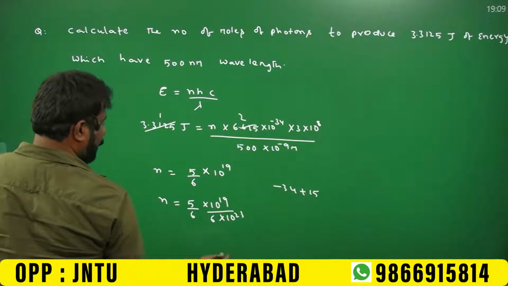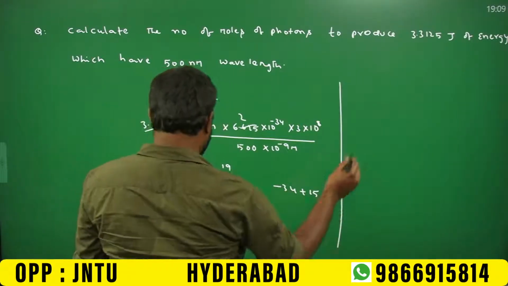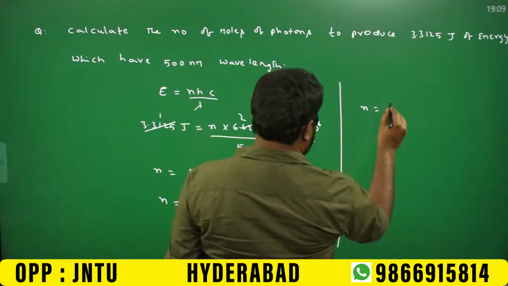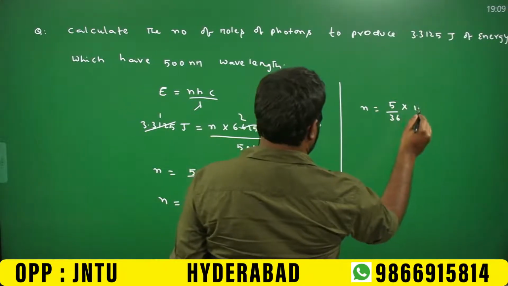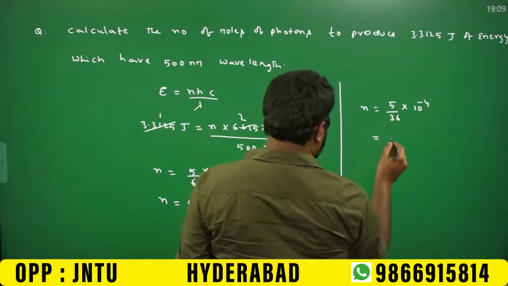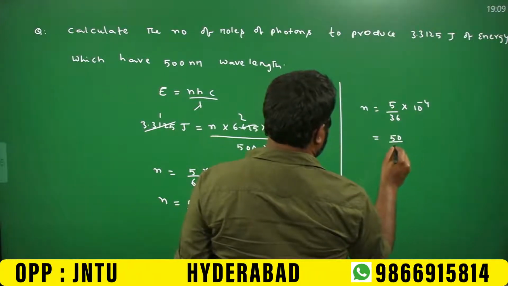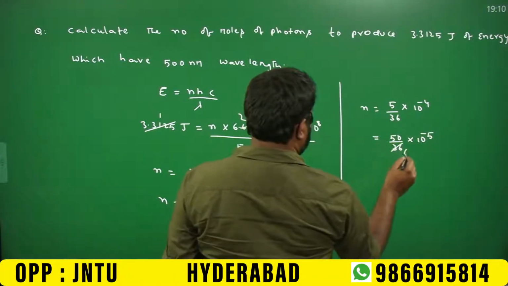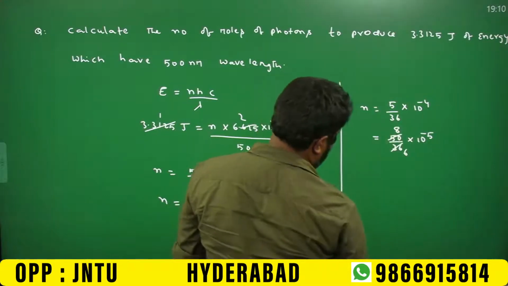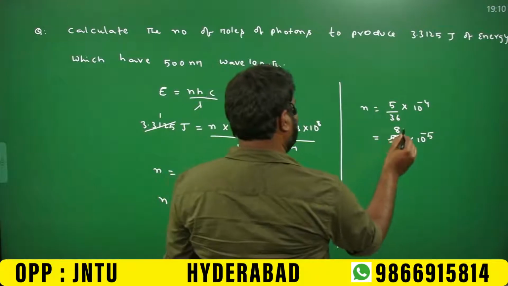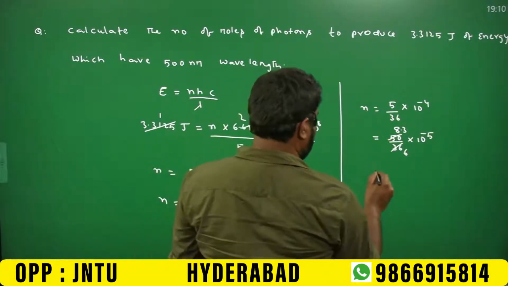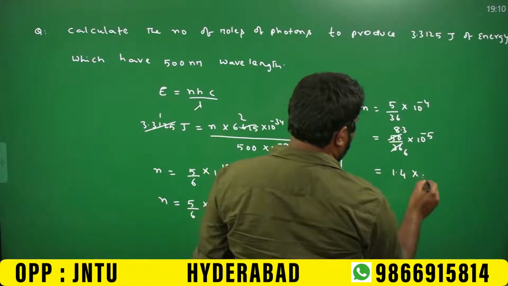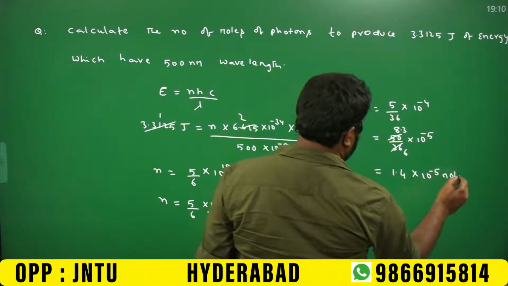This is 5 by 36 into 10 power minus 4. N equal to number of moles of photons equals 50 by 36 into 10 power minus 5, which is about 1.4 into 10 power minus 5 moles of photons.